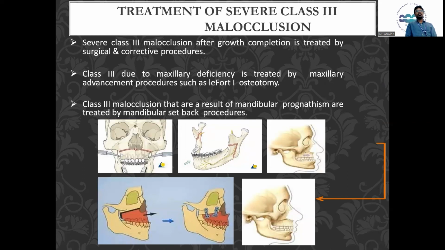So how do we treat a severe class 3 malocclusion? Severe class 3 malocclusions after growth completion are difficult to treat, but can be tackled by surgical procedures.